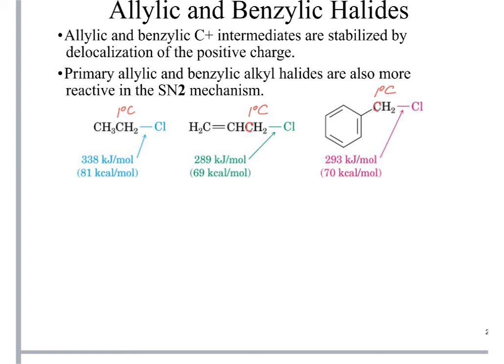Since allylic and benzylic alkyl halides have somewhat weaker bonds that are easier to break, they will lower the activation energy for the rate determining step in an SN1 reaction. Some types of halides and tosylates do not undergo SN2 mechanisms, in addition to the primary ones that we already discussed.